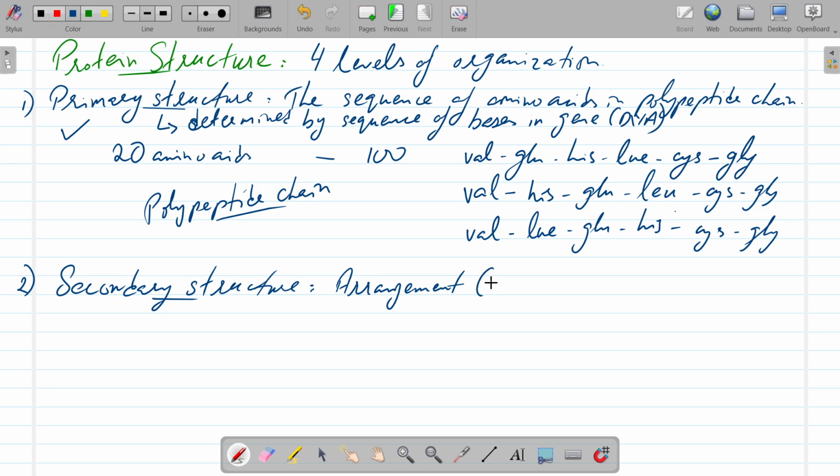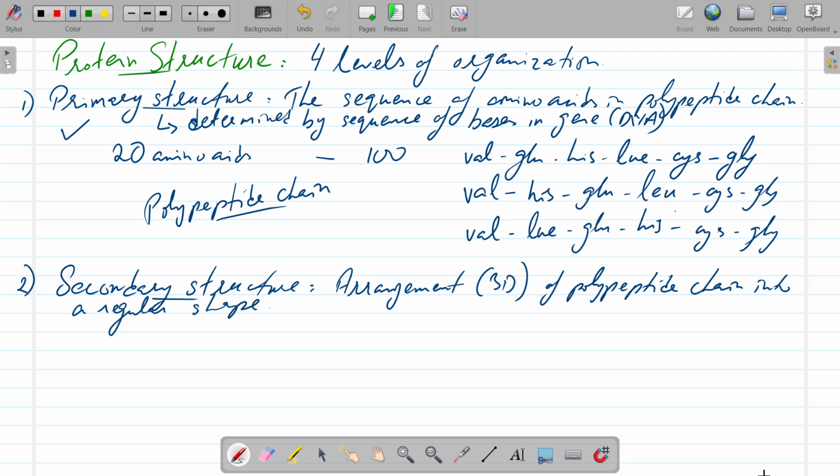And so the 3-dimensional arrangement of that polypeptide chain into a regular shape. And there are 2 types of shapes that we have. One is called the alpha helix. Alright, so this is a right-handed helix.